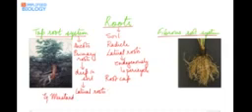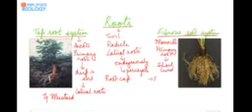Fibrous root system is seen in monocots. In this case, the primary root that develops from the radicle is short-lived, and it is replaced by a number of roots developing from the lower part of the stem.